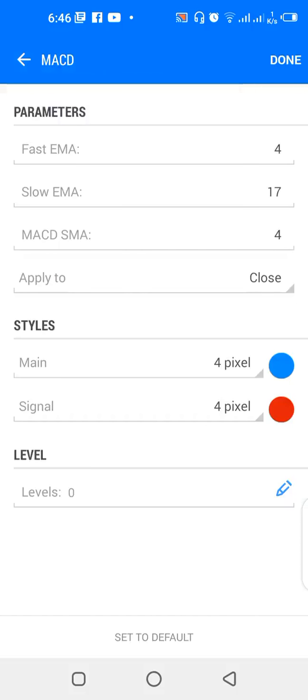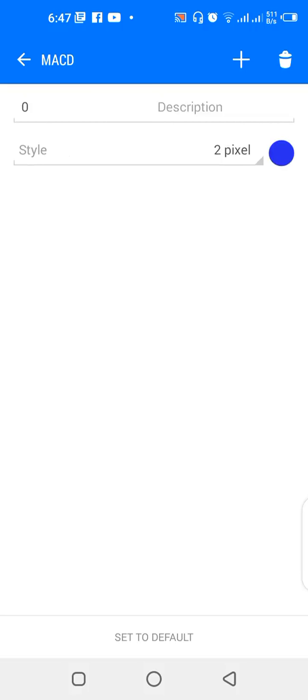Okay, now we go to indicator window 2. We have MACD. The fast EMA is 4, slow EMA is 17, MACD SMA is 4, apply to close. Now the color of the main style is blue, while the color of the signal is red, and the level is 0.